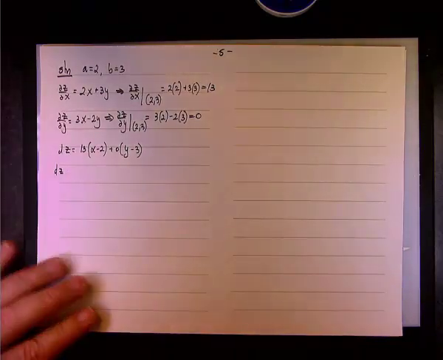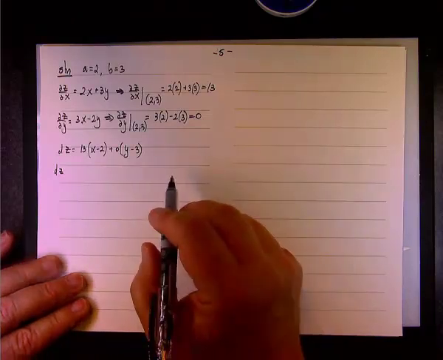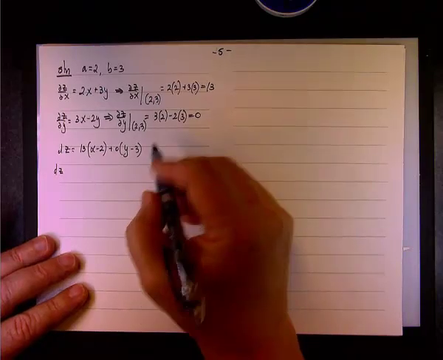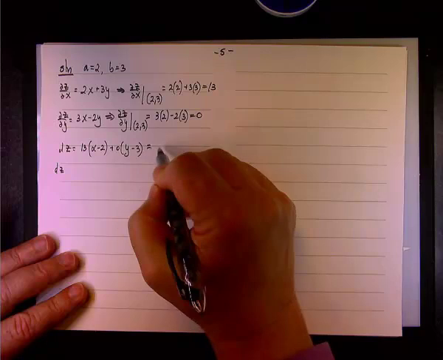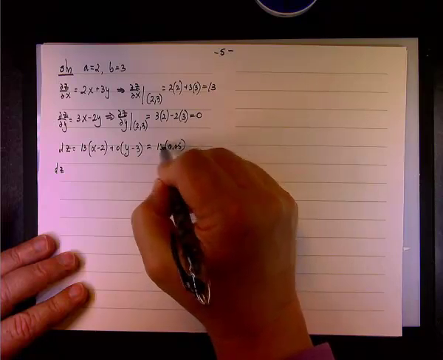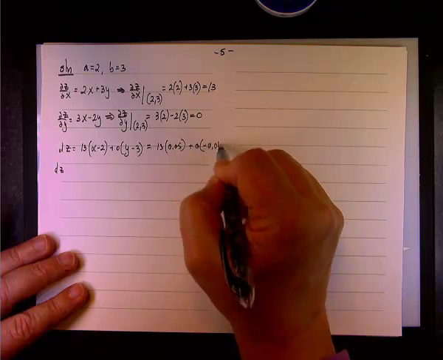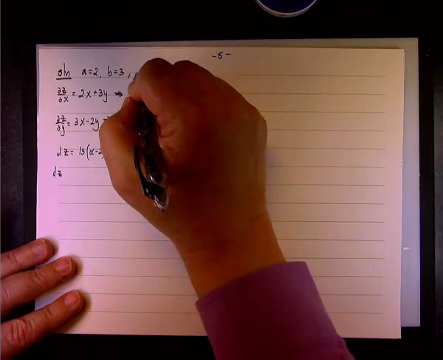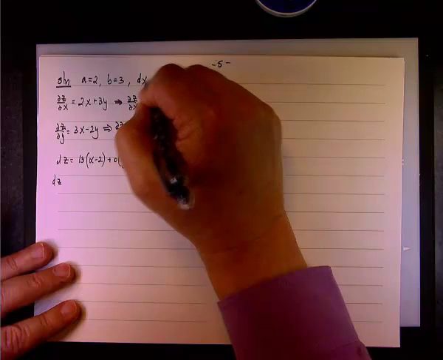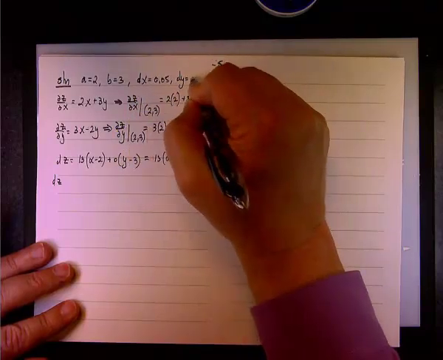Okay, and dz, as we move, we can actually calculate, it will be 13 times 0.05 plus 0 times negative 0.04.